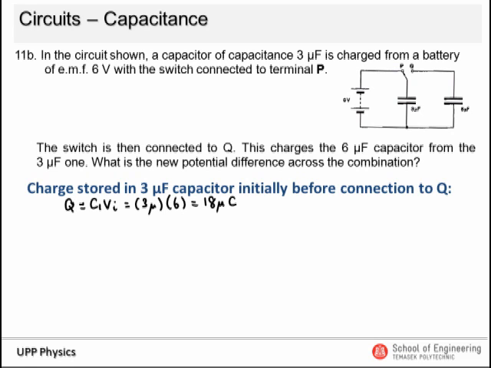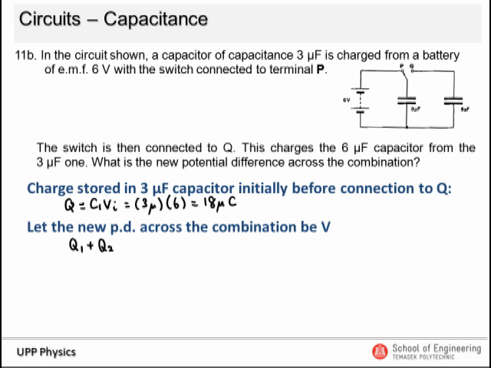Now, let's proceed to solve the new PD across the combination. Before we do that, let's assume that the new PD across the combination be V. Then, we already know that Q1 plus Q2 is equal to Q. This equation was already explained previously in the question.